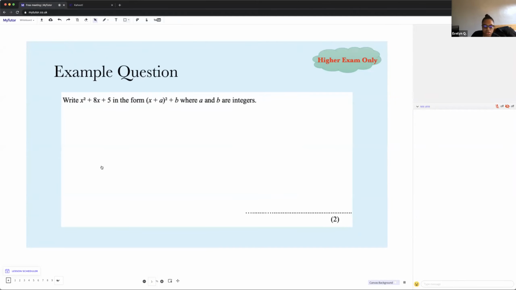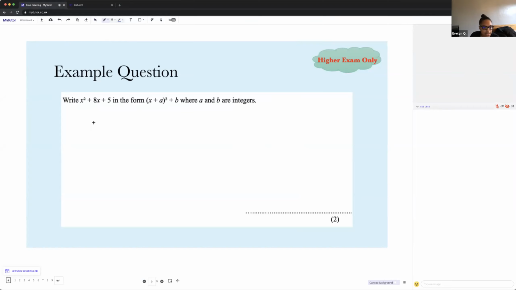Right, so some of your questions at GCSE, if they want you to solve by completing the square, they'll make it very clear that you need to use that method to solve. Some students like to use it because they might enjoy using that method to solve. But in general, it's not a very popular method because it is quite tricky.